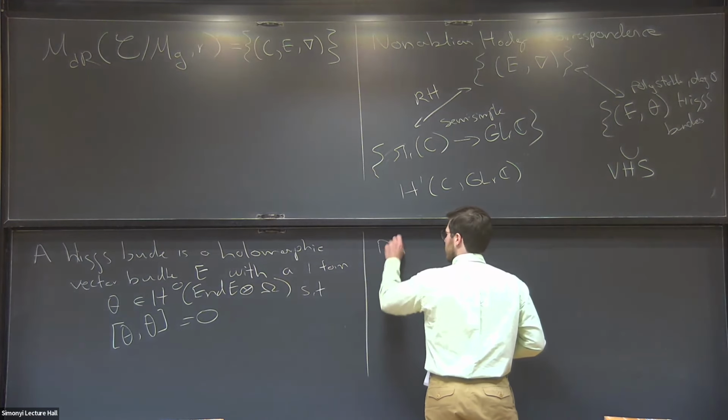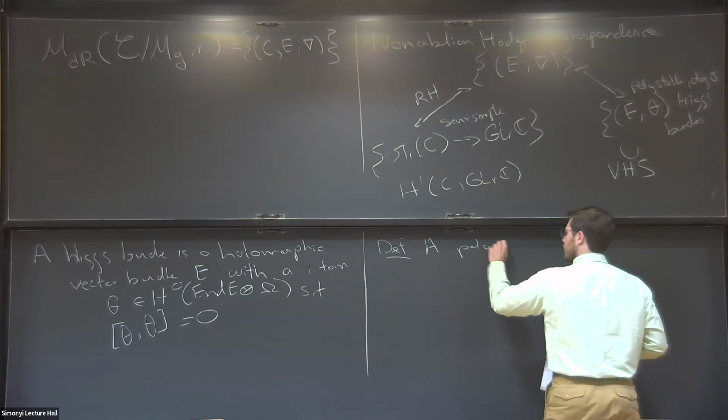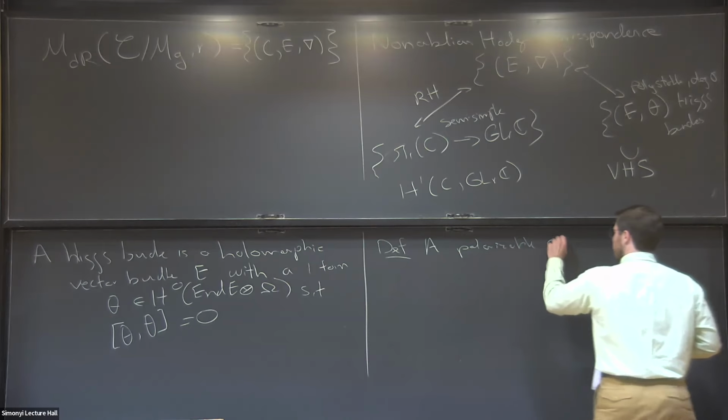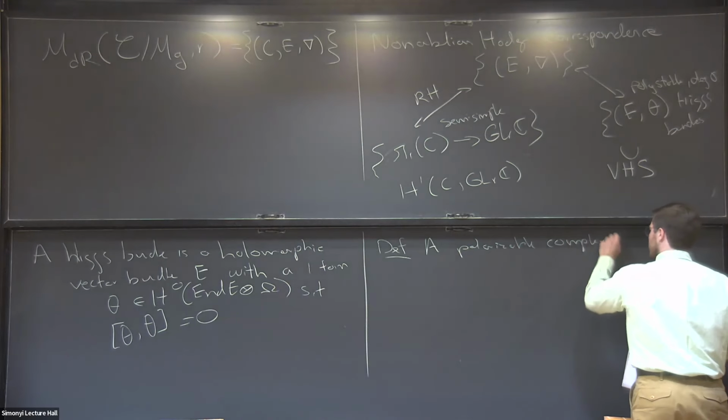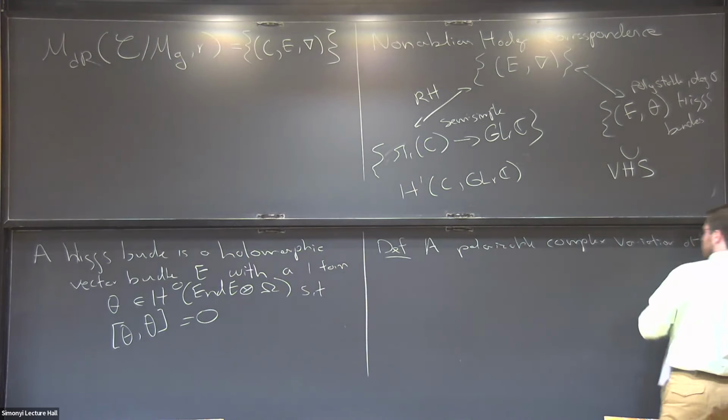So the definition, again: a polarizable complex variation of Hodge structure.